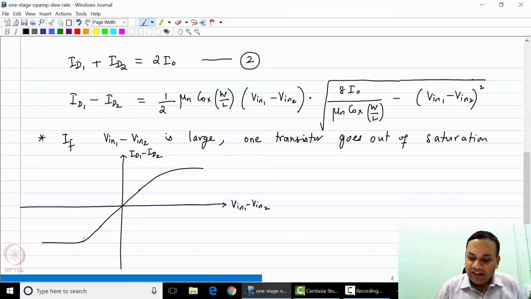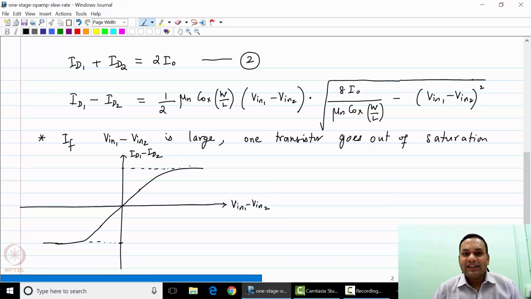First of all, we are interested in finding out what value these 2 points are. Clearly when this happens, ID1 minus ID2 becomes a fixed value, and that happens when one of the transistors goes out of saturation into cutoff.